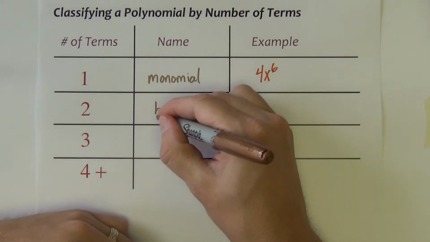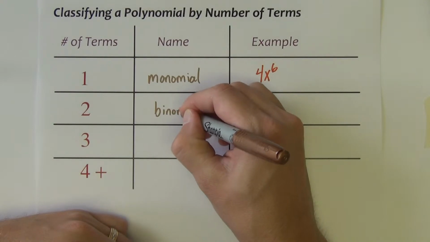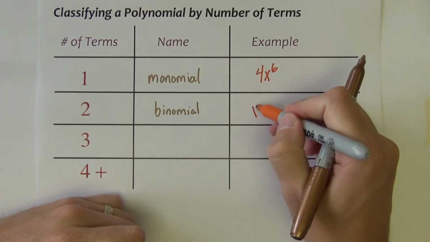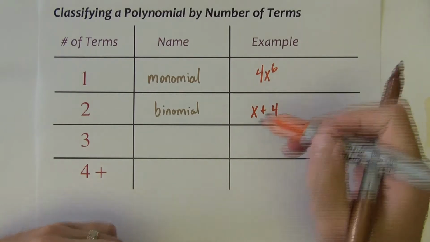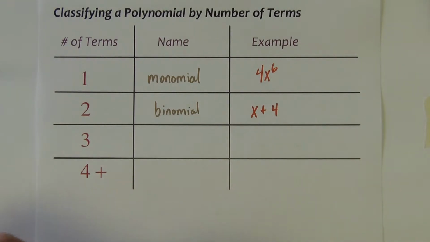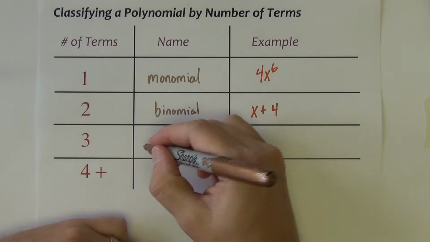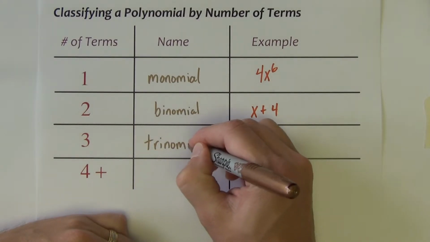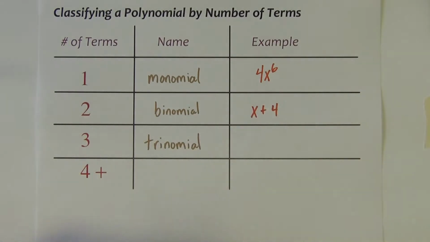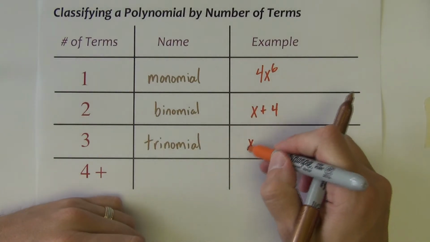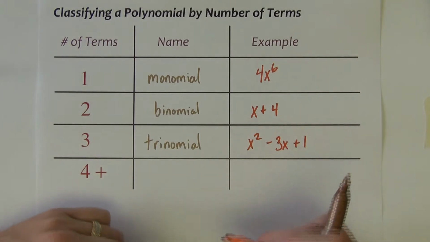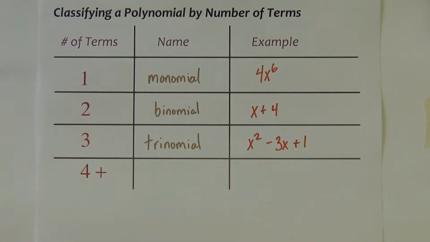Two terms we call a binomial. So x plus 4. So that's a binomial. Two terms. Three terms we call trinomial. So x squared minus 3x plus 1. Three terms, that's a trinomial.